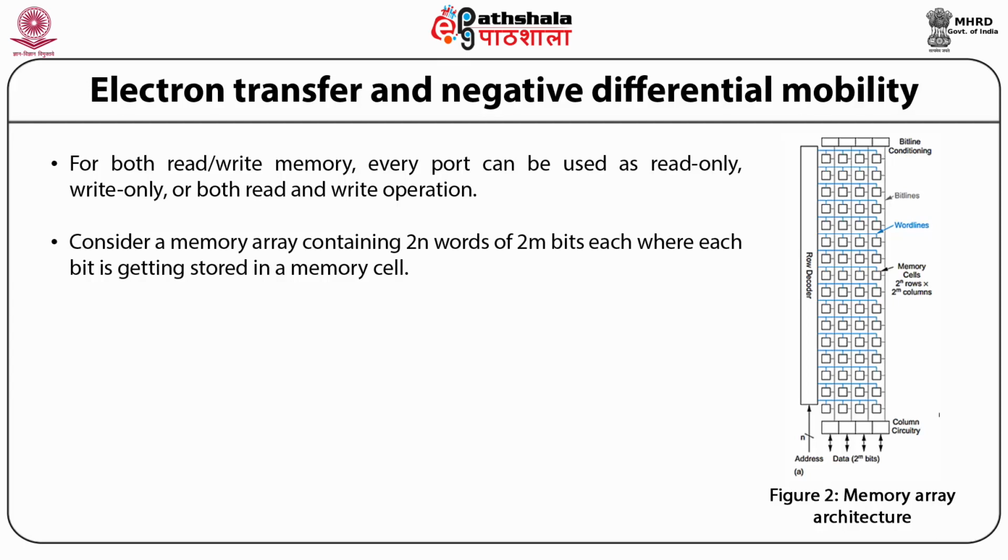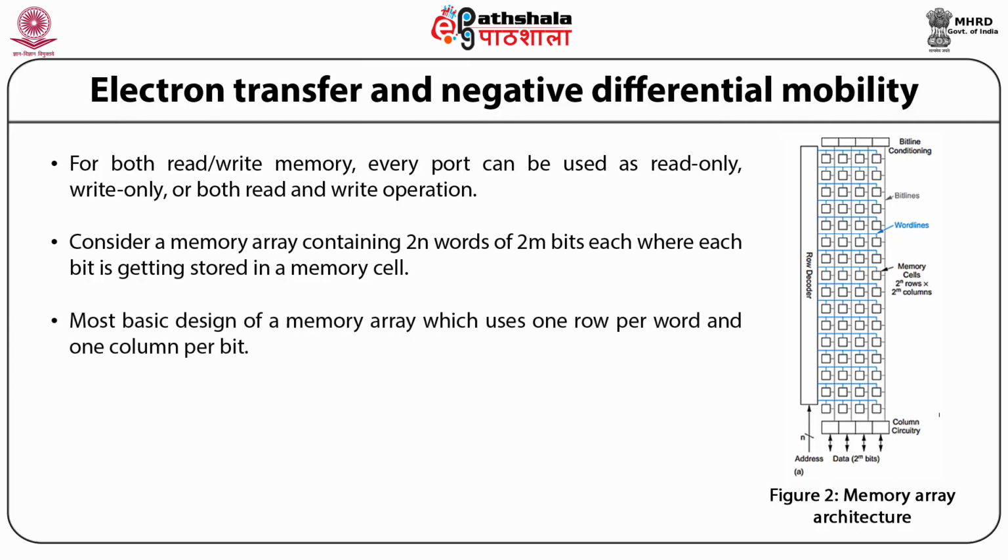So students, as you can see in this figure, which demonstrates the architecture of a small memory array containing 16 4-bit words, part A of this figure indicates the most basic design of a memory array which uses one row per word and one column per bit.